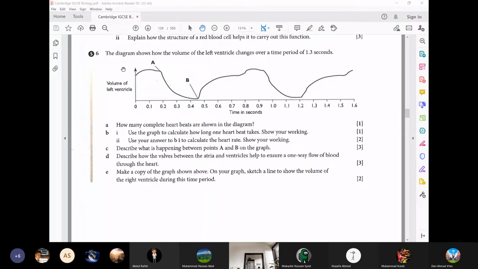Right, boys? So you will draw exactly the same line. All right, boys?